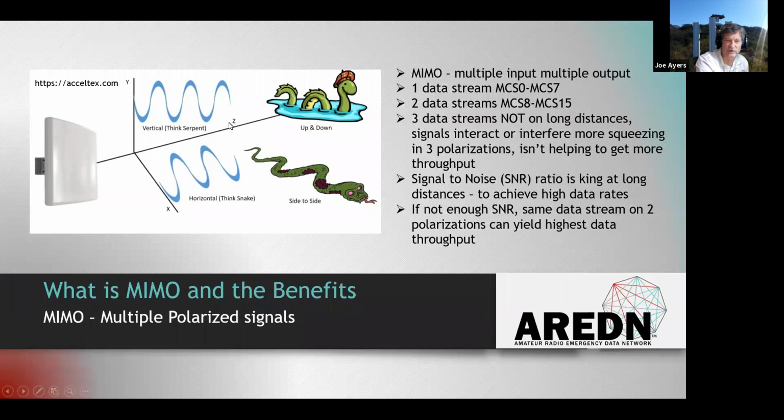But really, in summary, you want and should focus on all MIMO two polarization devices. They outperform a single antenna polarization device pretty much all the time. So don't recommend any single polarizations today.